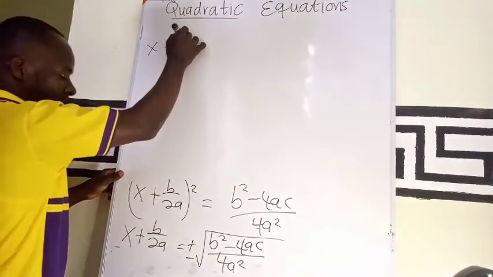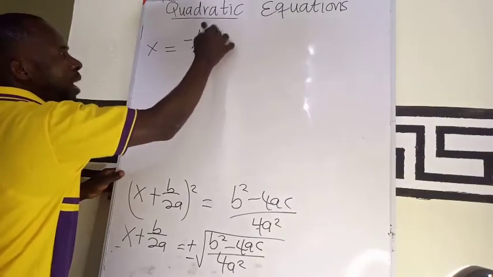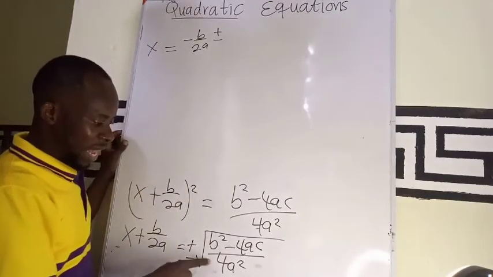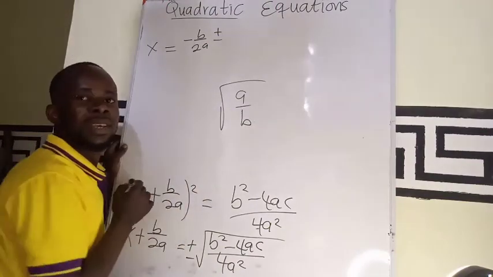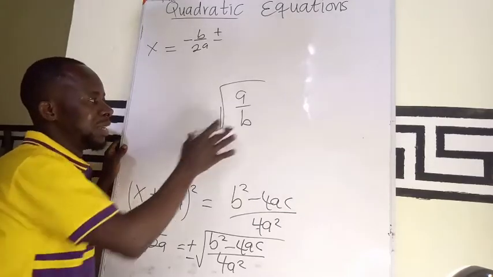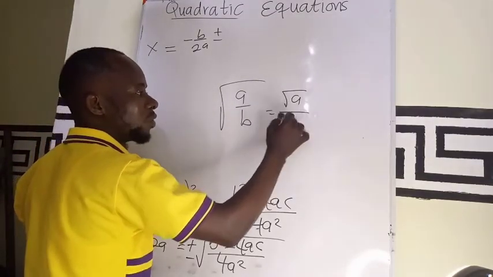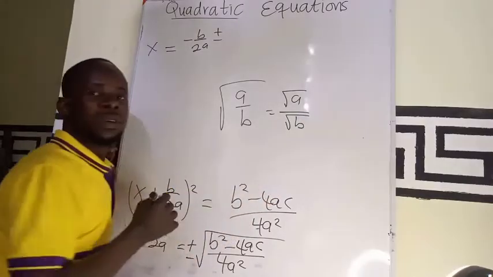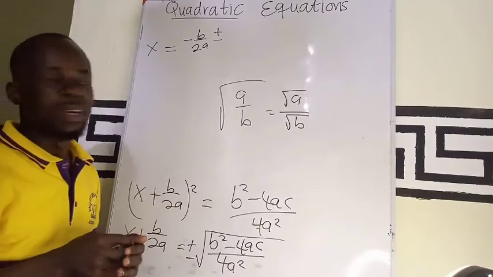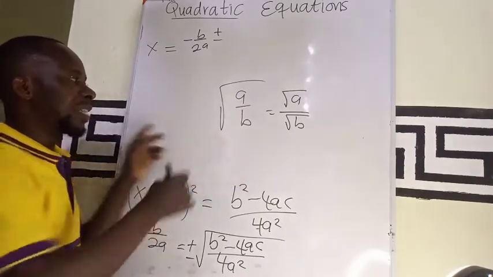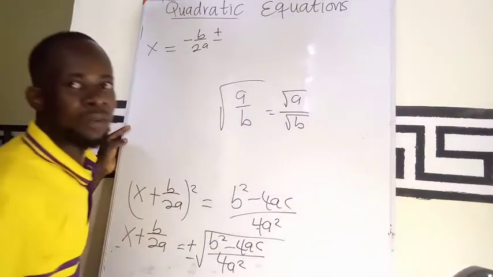So having minus b over 2a plus or minus, you see that if I find the root of a fraction, this is the same as the root of the numerator and the root of the denominator. But if you are doing this, it means that the numerator will have the square root and the denominator also have the square root.